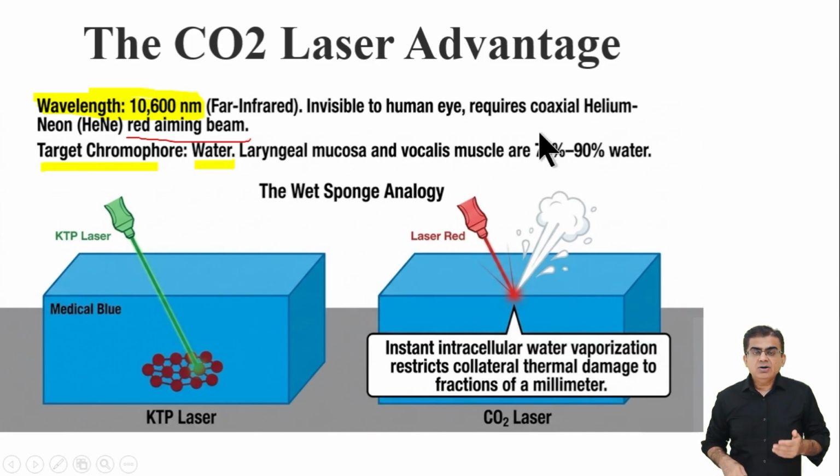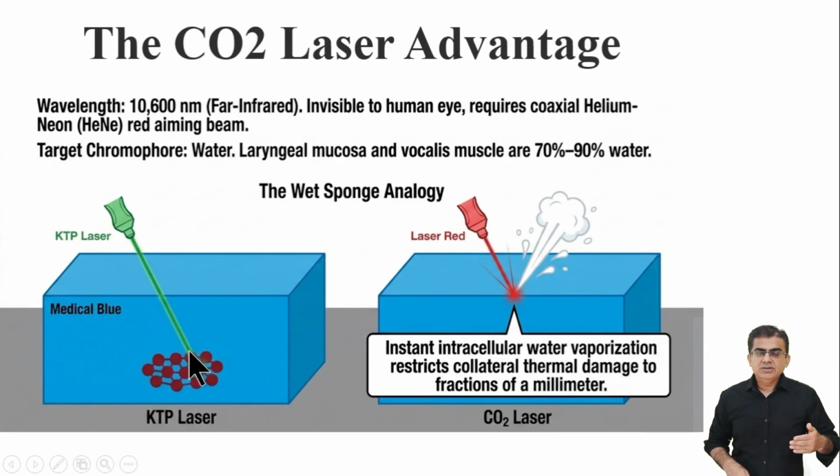To truly understand how this cuts human tissue, look at the wet sponge analogy on your screen. On the left side, we have a green KTP laser. Because the KTP laser targets hemoglobin, it passes completely through the clear water on the surface of the sponge.